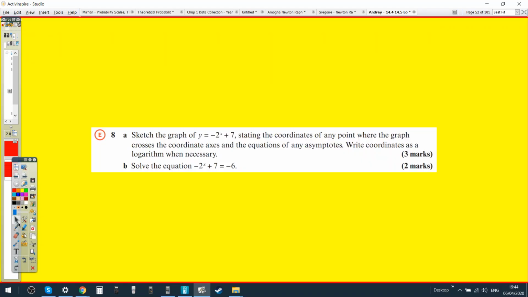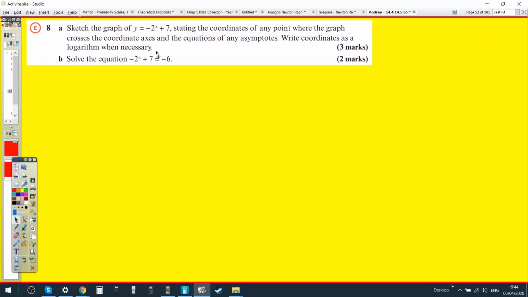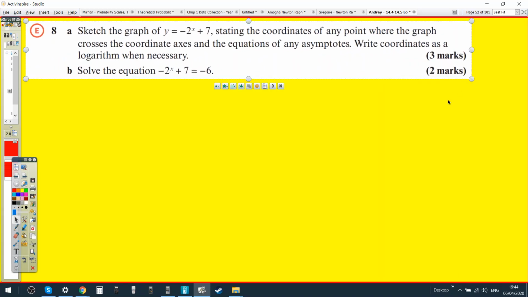Let's see. Solve this equation. Okay. Let me think about this. That's a bit weird. It's the same thing, I think. Just want to see.